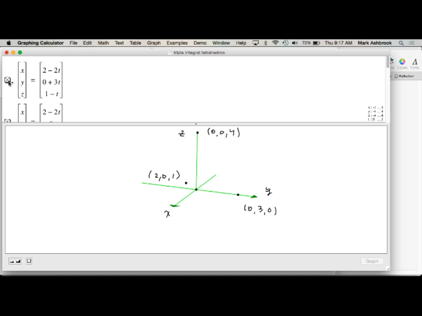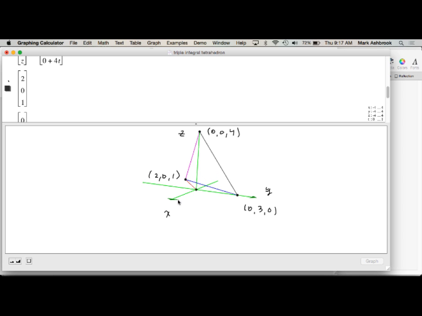Let's turn them on. It'll show up here. All right, so in the xz plane, you have this pink line here and the red line.